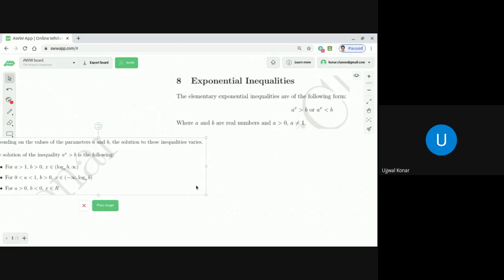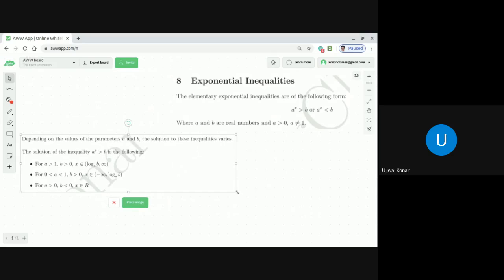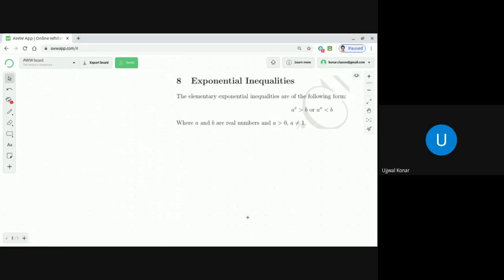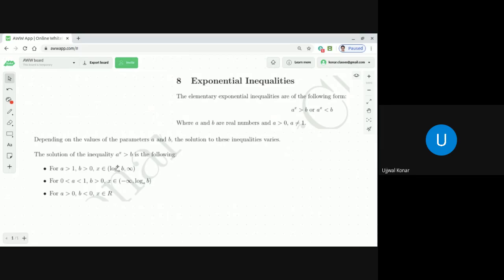The first thing, dear students, is this one. The solution to the inequation a power x greater than b is: if a is greater than 1 and b is greater than 0, then the solution is the open interval log b to the base a up to infinity.